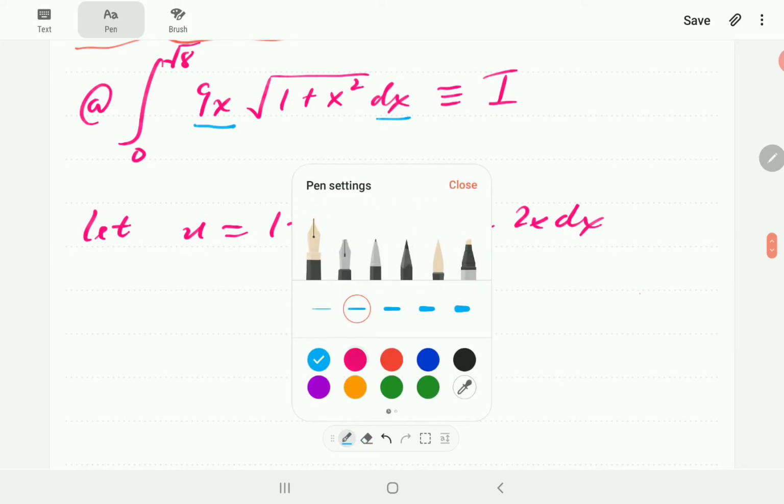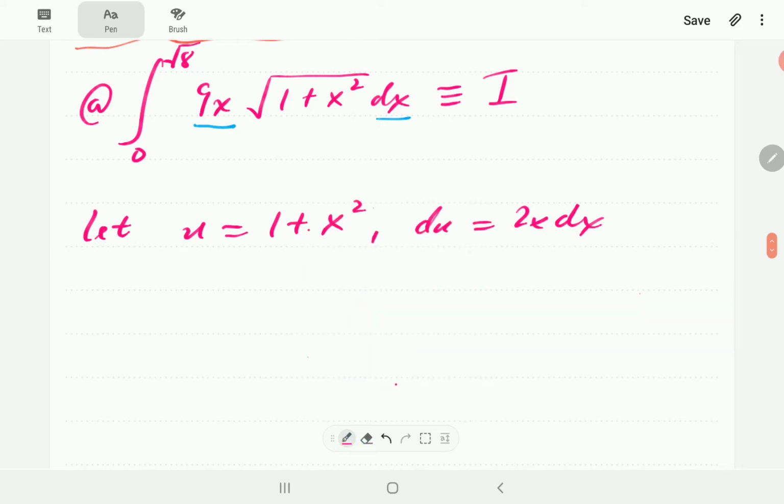So from this, if we divide by 2 and then multiply by 9, we're going to have 9 over 2 du on this side, and this is going to be 9x dx. So that means we can write the terms underlined in blue here entirely in terms of u.